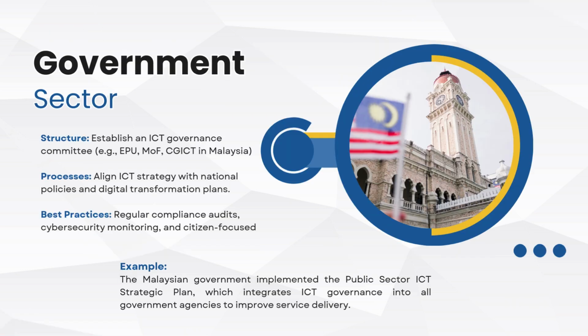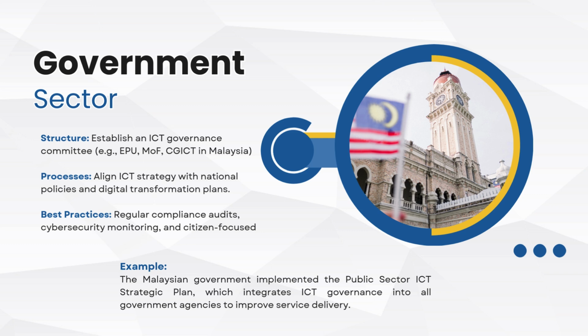Government agencies manage large-scale public IT systems, meaning they need strict governance to protect data and ensure smooth operations. Key governance strategies in government: Structure, establish ICT governance bodies like EPU, MOF, and CGICT.